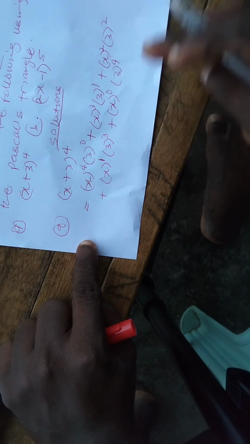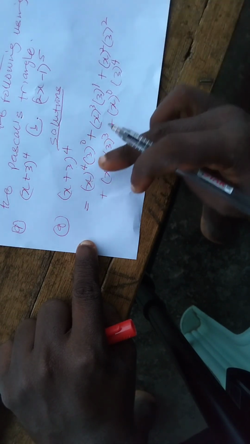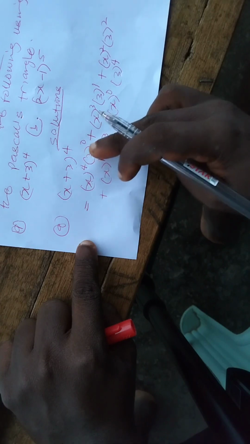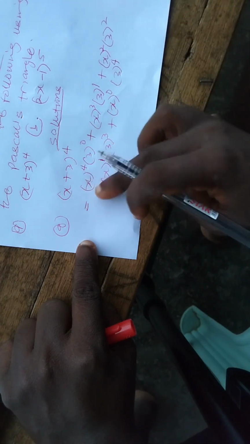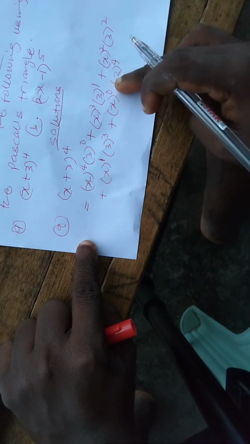So the power of 3 will increase from 0 to 4, while the power of x will decrease from 4 to 0.